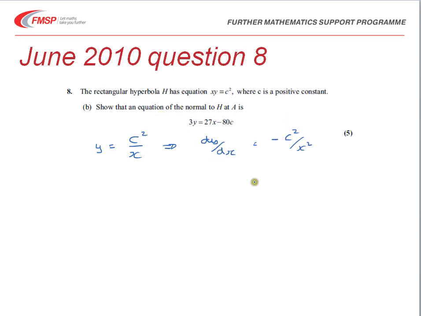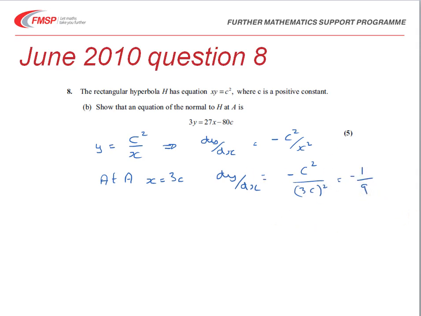So that at A, where we know that the value of x is 3c, dy by dx is therefore equal to negative c squared over (3c) all squared. So it's negative 1 over 9.